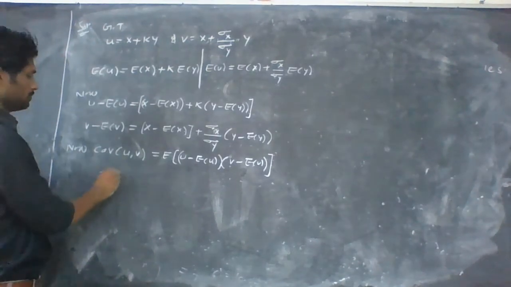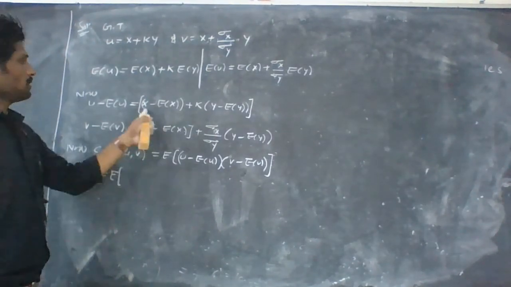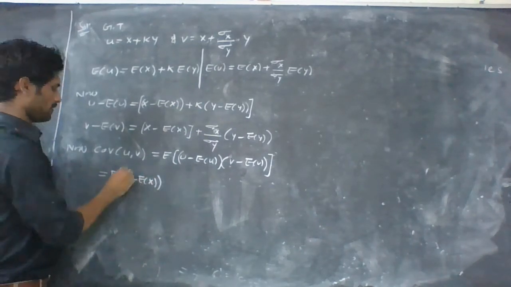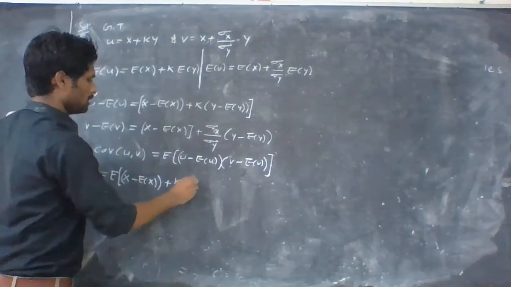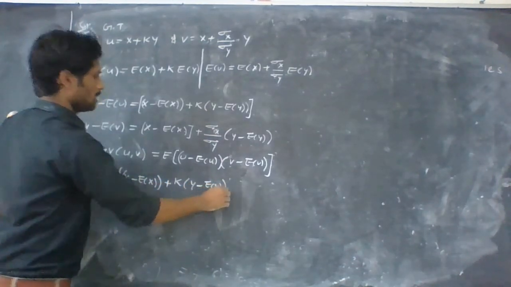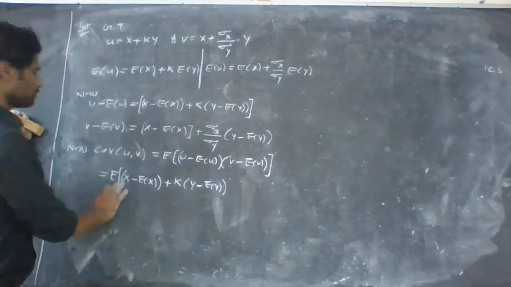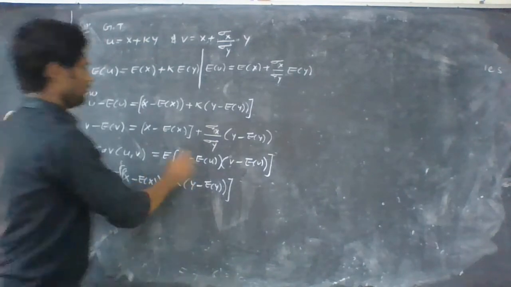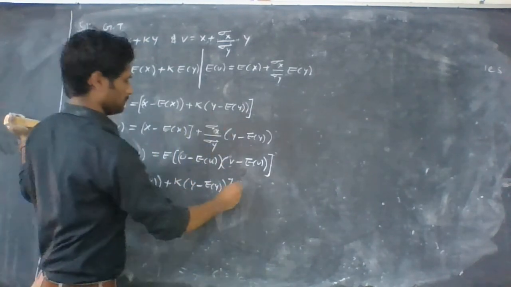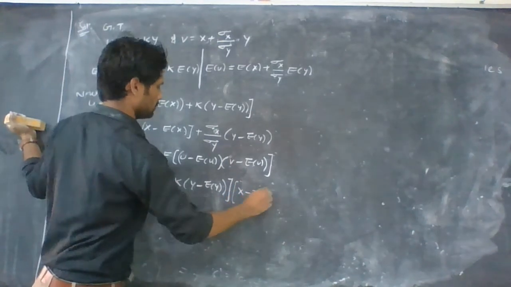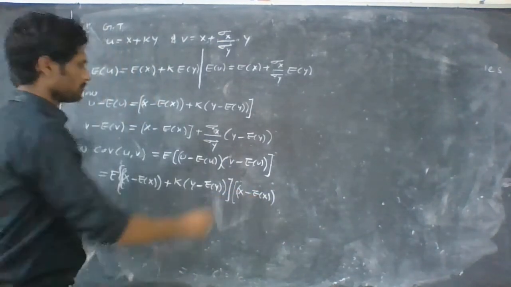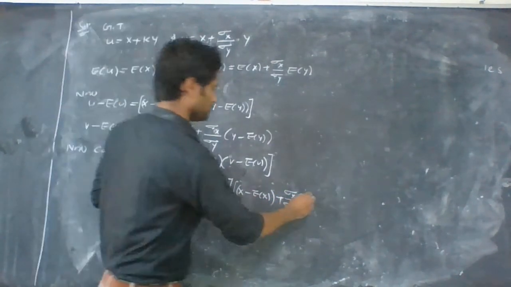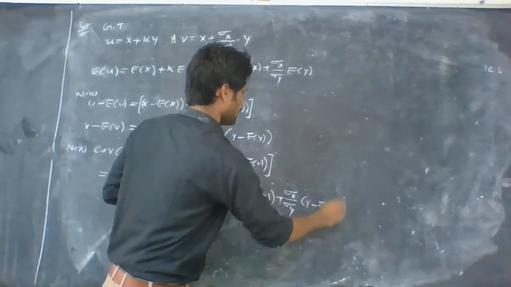Expectation of u minus expectation of u, so x minus expectation of x plus k into y minus expectation of y, into v minus expectation of v, x minus expectation of x plus sigma x by sigma y into y minus expectation of y.